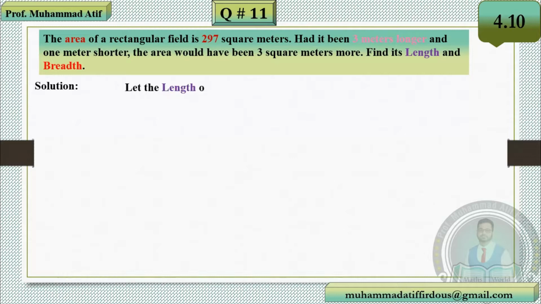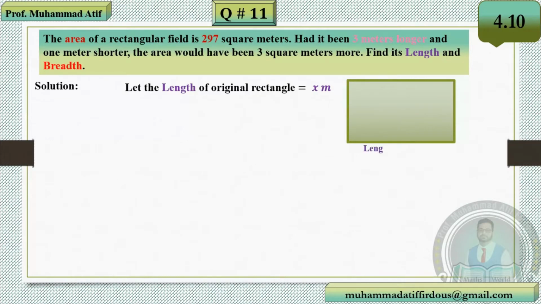So we start with, suppose the length of the original rectangle is x meter. The purple color shows the length of the original, and the red one shows the breadth of the original rectangle, which is y meter. So we suppose the length and breadth of the given rectangle. Any problem?